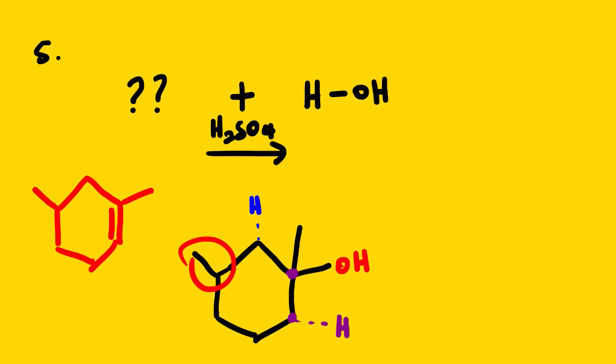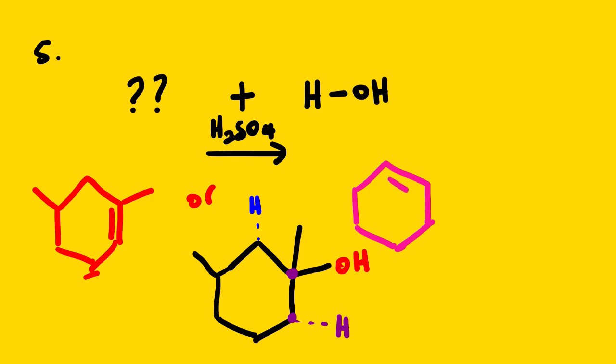We need this methyl here, this one here. So it can be this one, or this one here. The double bond can be here. Then we have our methyls here. So this is one of the reactions where we use the rule of Markovnikov, and this is only the basics.